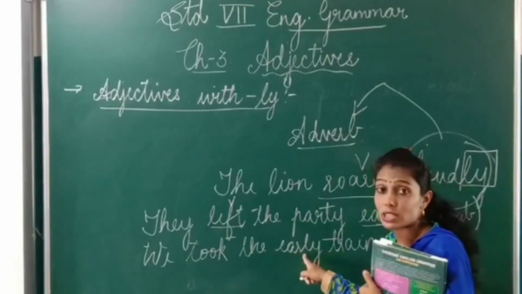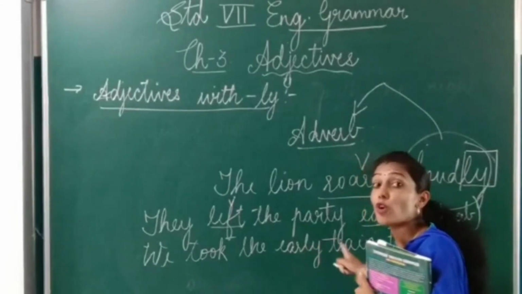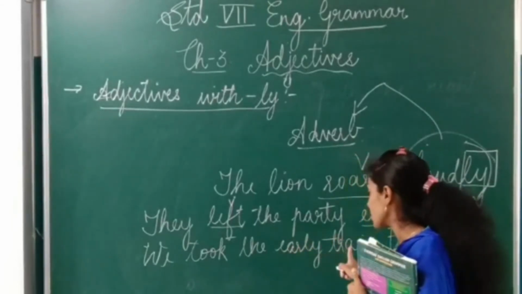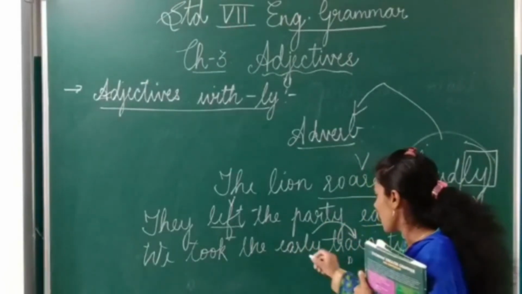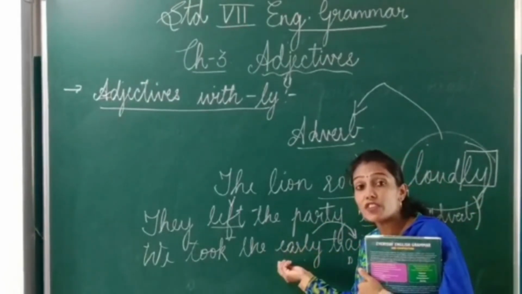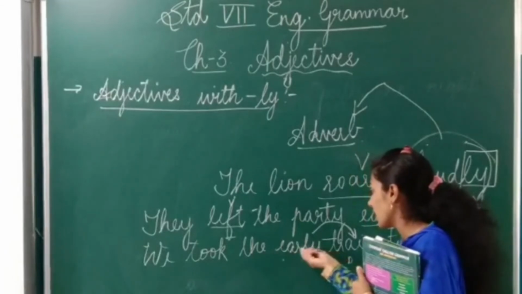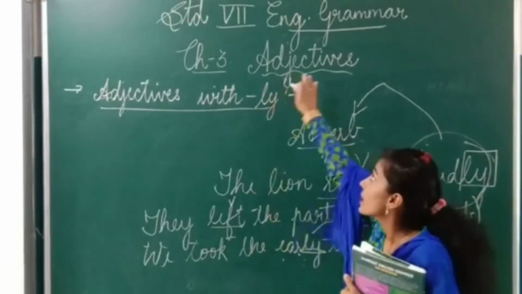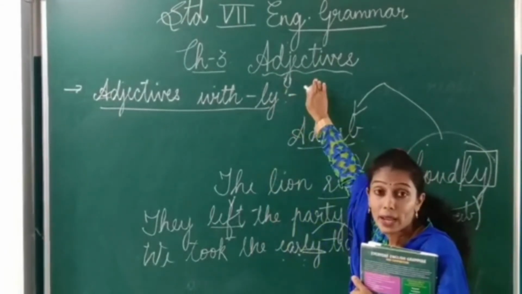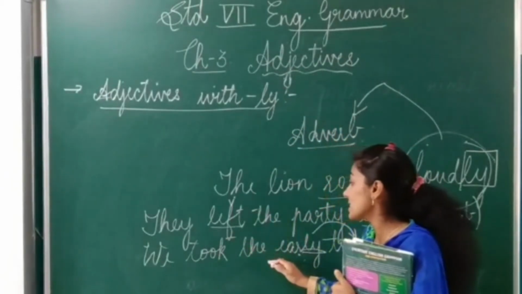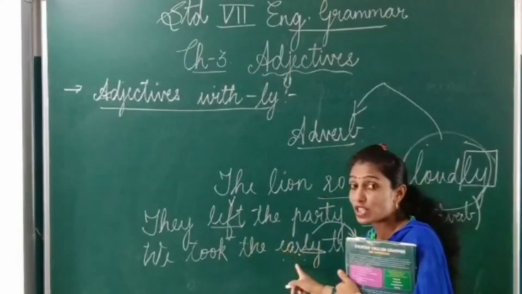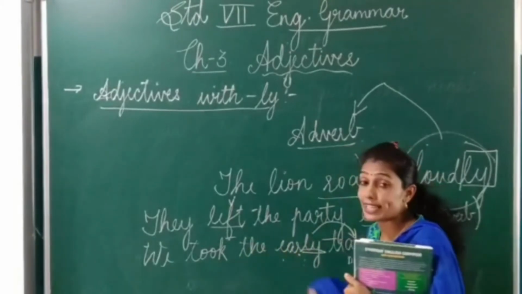This adjective is placed before a noun. It is before the noun. So this word early, which ends with ly, becomes an adjective. Why? Because it is placed before a noun and it does the work of an adjective. We took the early train.